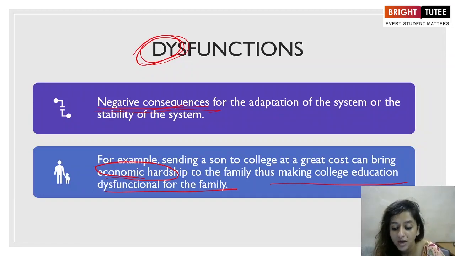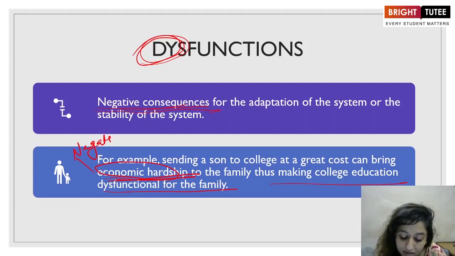So you are trying to take a certain action, but towards the end you witness that this is bringing economic hardships, which is a negative consequence of the function, and hence it makes a dysfunction.